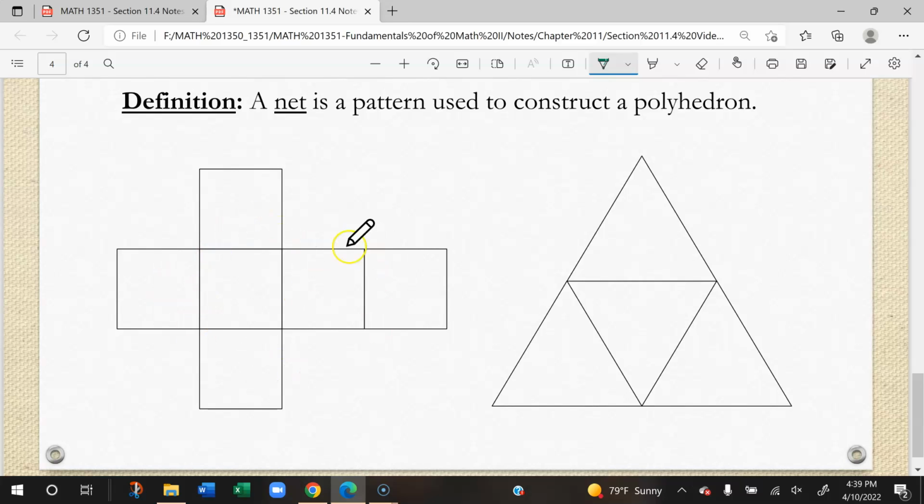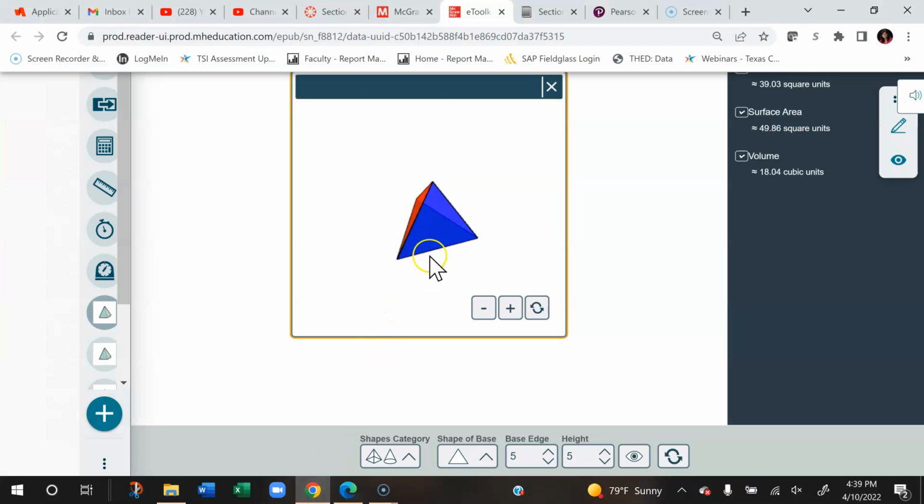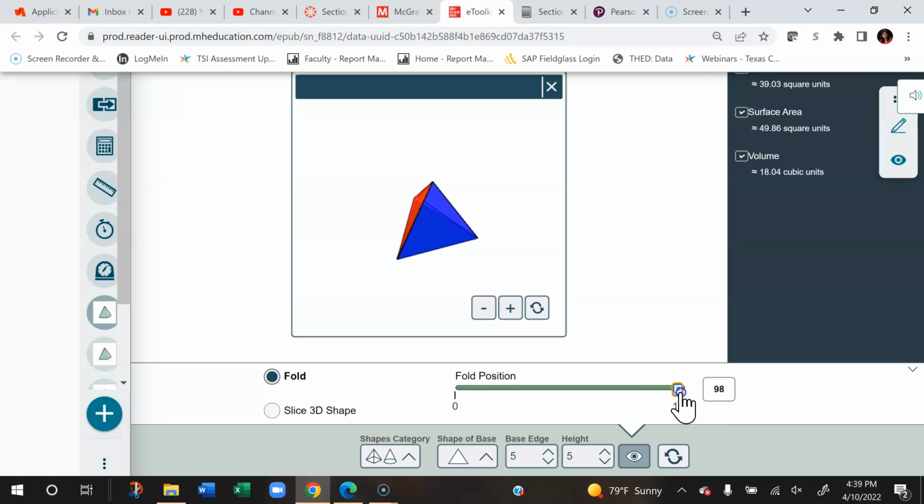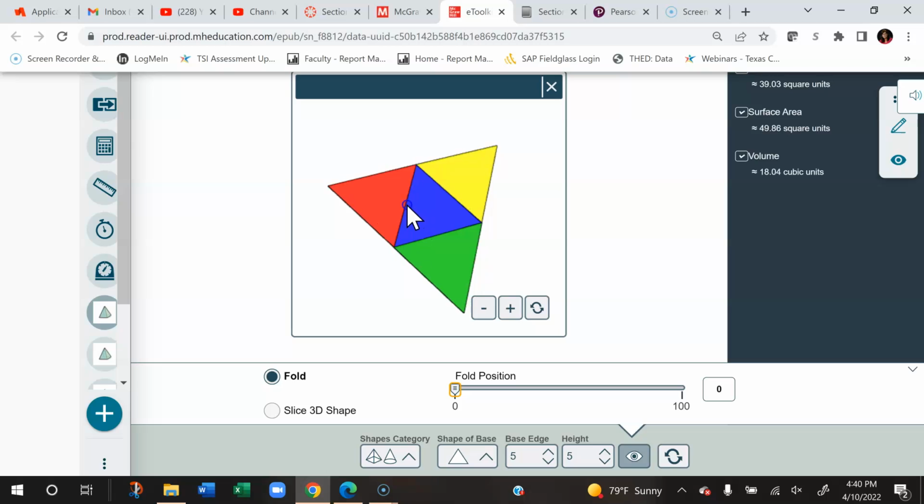So this right here is a net, and so is this, because if I fold along this would be my base, and I fold these triangles up to a point, I would actually get this figure right here, because I'm going to unfold this, and notice I have the same thing here.